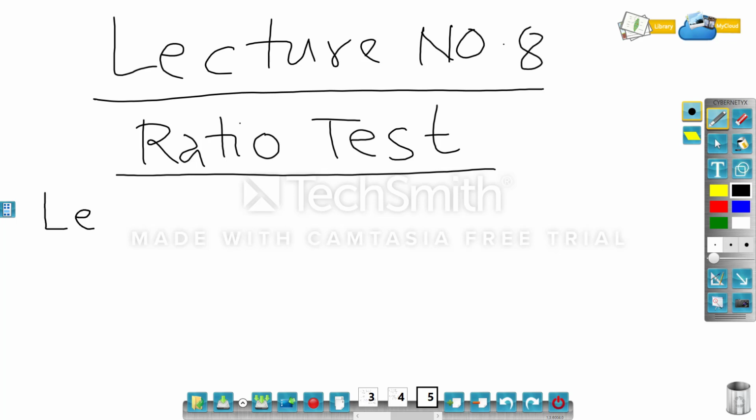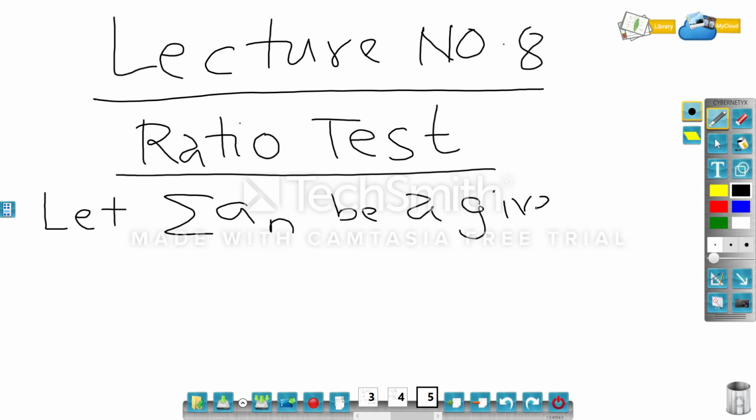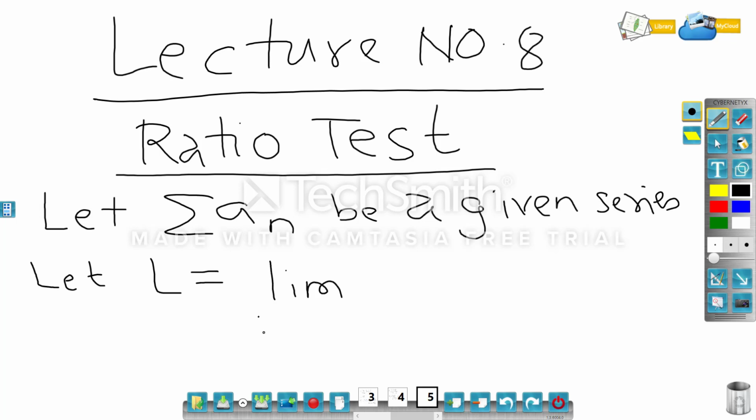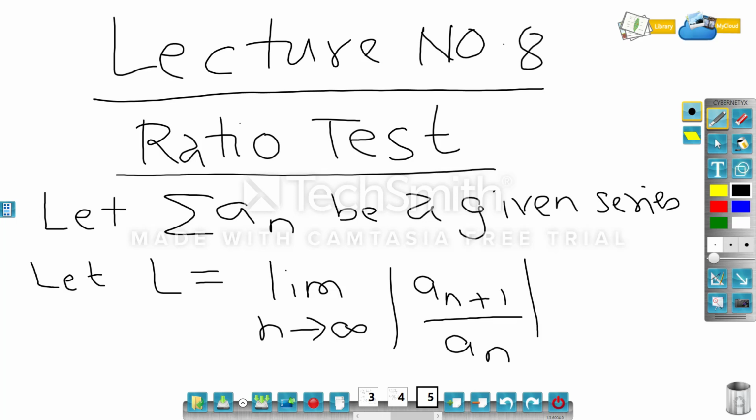So let sigma a_n be a given series. Let capital L be equal to the limit as n goes to infinity of modulus of a_(n+1) upon a_n.